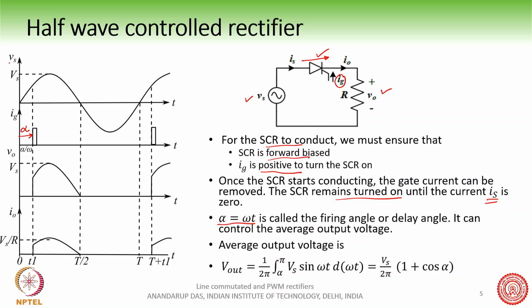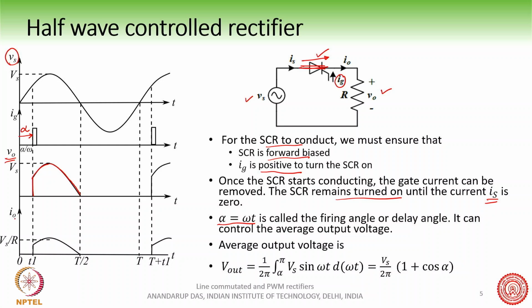Here is the supply voltage waveform. When the SCR turns on, if I assume that the SCR is a perfect device having no drop during the on state, then the output voltage v0 will exactly follow the input voltage. It is like a short, so the output voltage will be exactly equal to the input voltage.